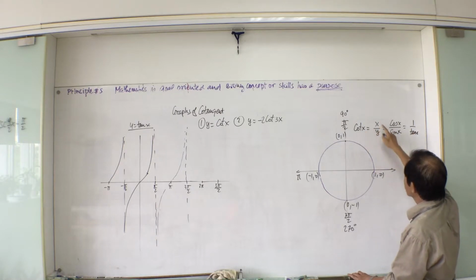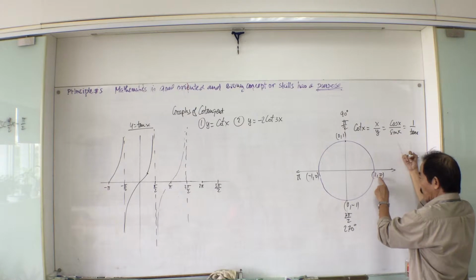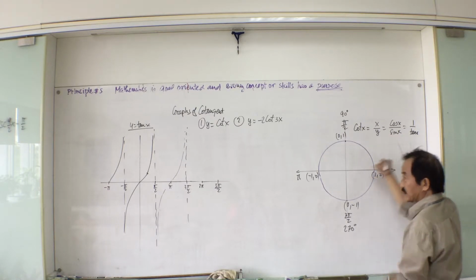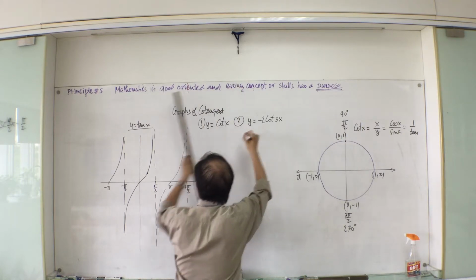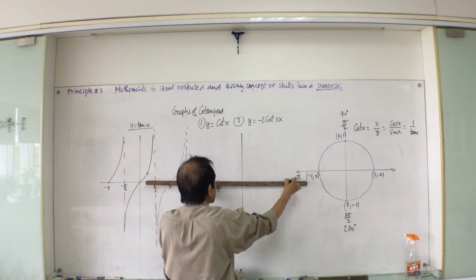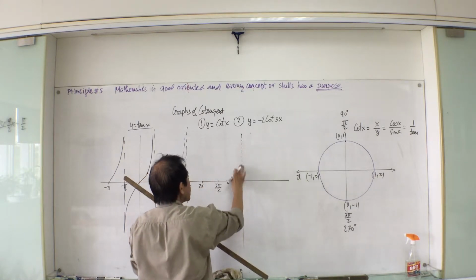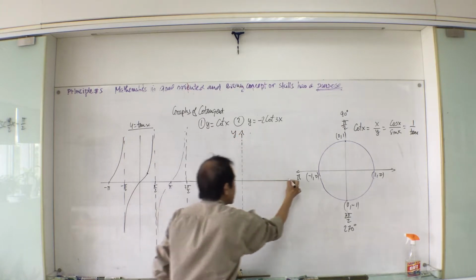Now cotangent is x over y. So now we recognize right here at 0, x over y is 1 over 0, which is undefined. Therefore, write in the 0 here, and the 0 here. So undefined, let me separate it from the tangent. Therefore you have to draw the vertical asymptote.